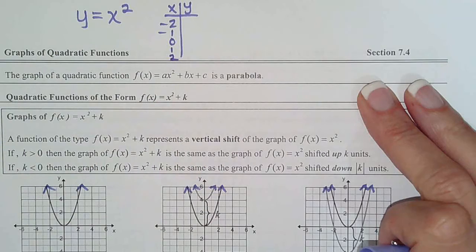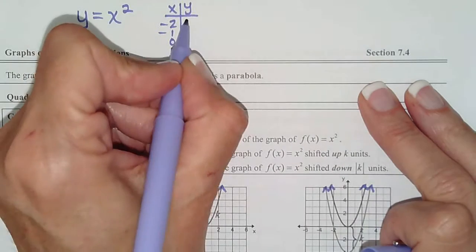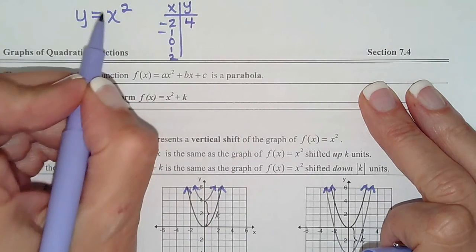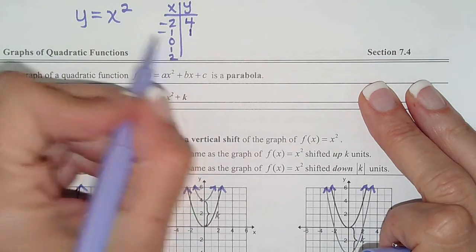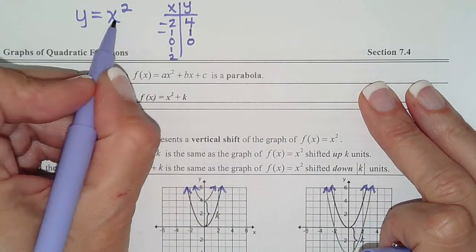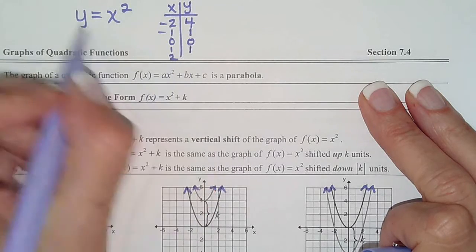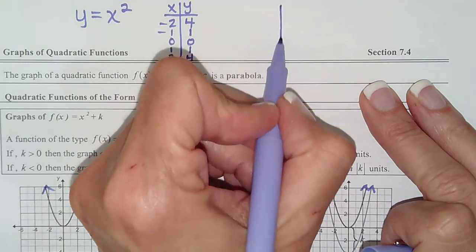When you square -2, -2 times -2, you get 4. When you square -1, -1 times -1 is 1. When you square 0, you get 0. When you square 1, you get 1. When you square 2, you get 4. That would be the t-table for the parabola.